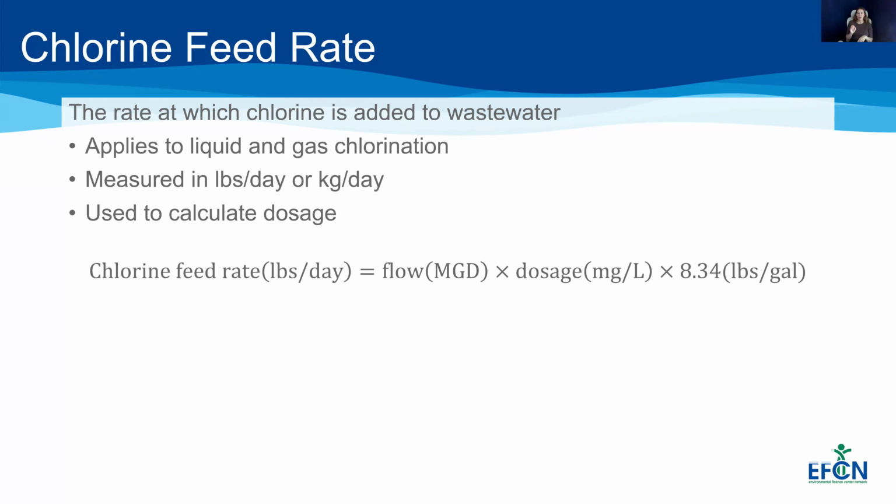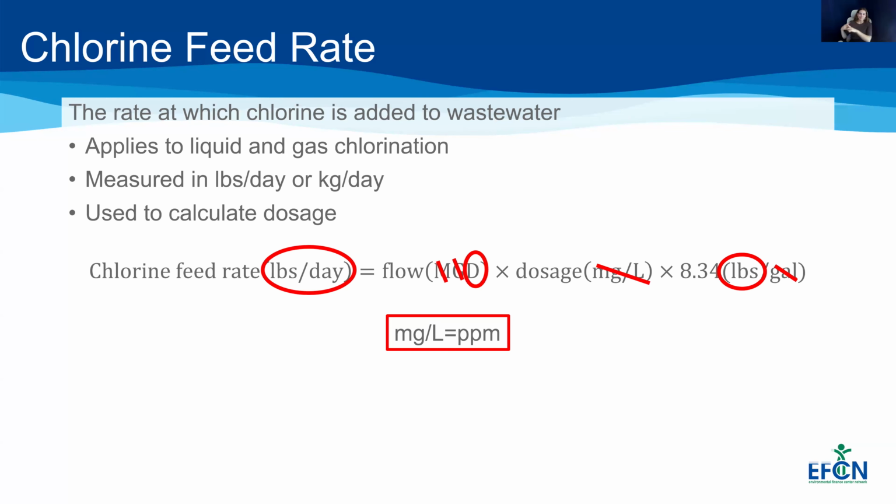Just like our BOD loading, our chlorine feed rate is going to be our flow times our dosage times that same conversion factor of 8.34 pounds per gallon. If you remember, those gallons cancel out. The million cancels with the milligrams per liter because a milligram per liter is equal to a part per million. That leaves us with pounds per day.